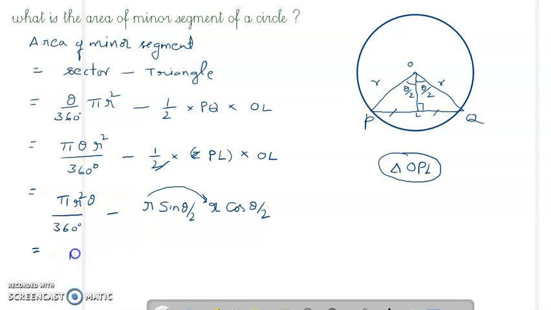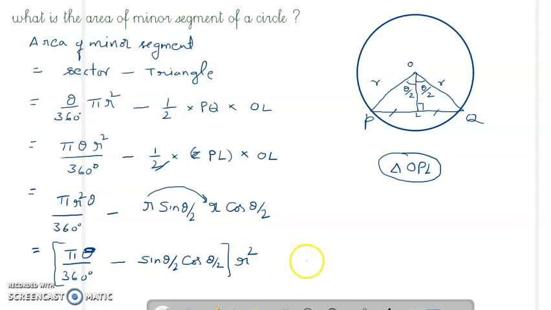So what is remaining here? Pi theta upon 360 degrees minus sin theta by 2 into cos theta by 2, whole multiplied by r square.